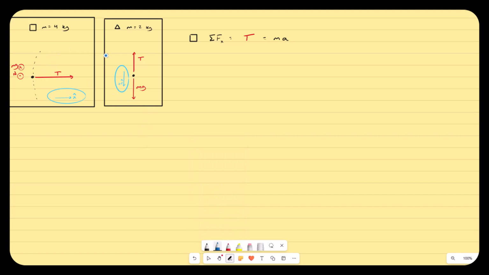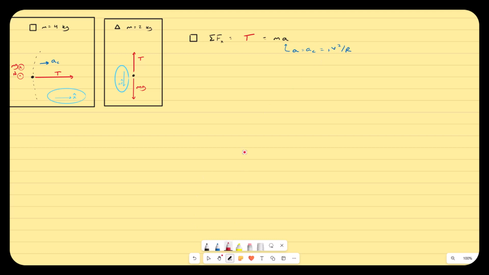This thing's moving in a circle. There's the middle of my circle, so I know I'm going to get a centripetal acceleration. And a centripetal acceleration always has a magnitude of v squared over r. It points to the right because that's where the center of my circle is, so it is going to be a positive value.